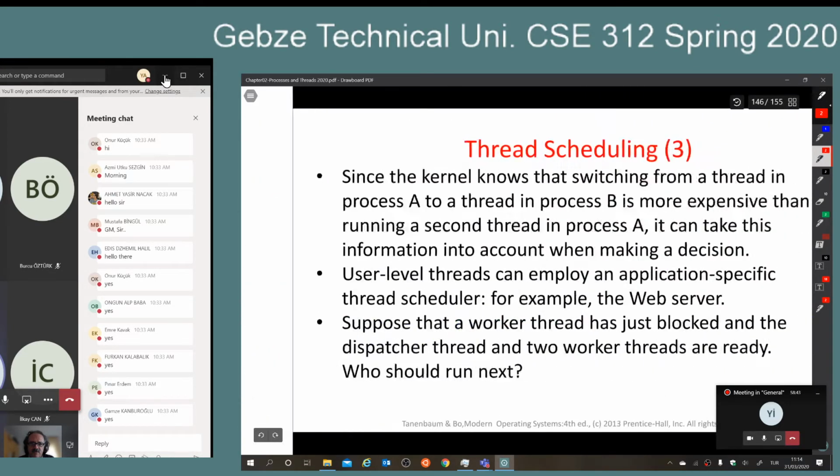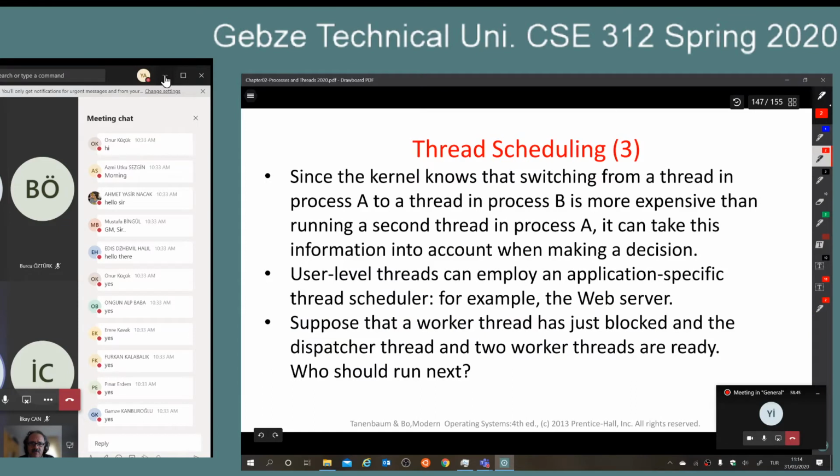Another nice thing about user level threads is that they can employ an application specific thread scheduler.